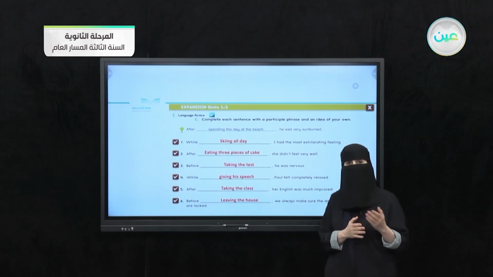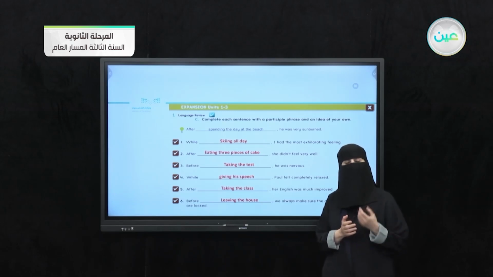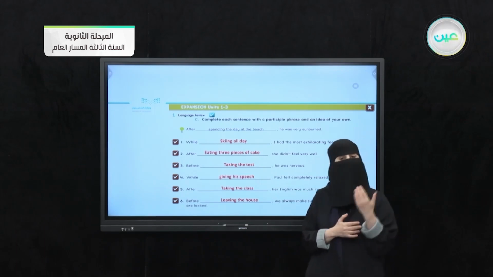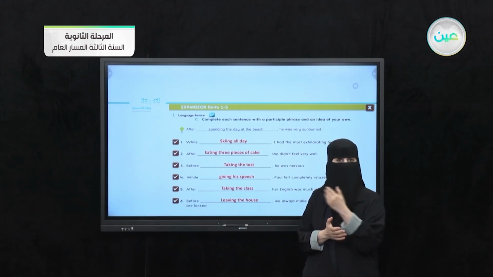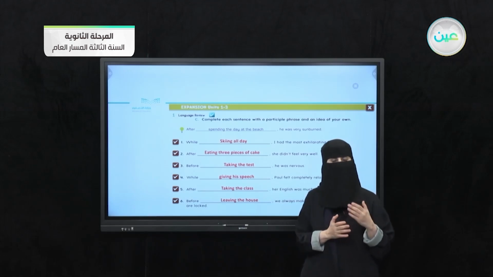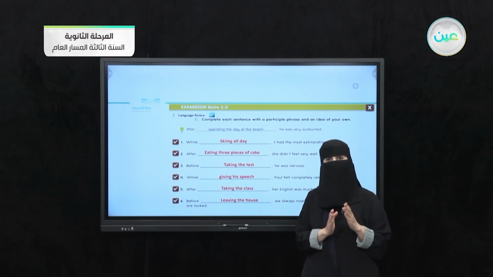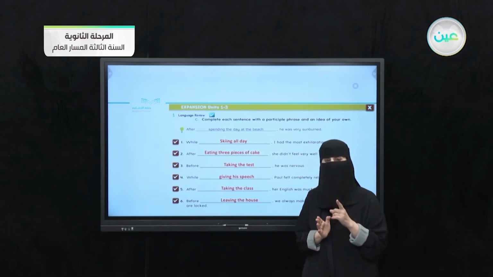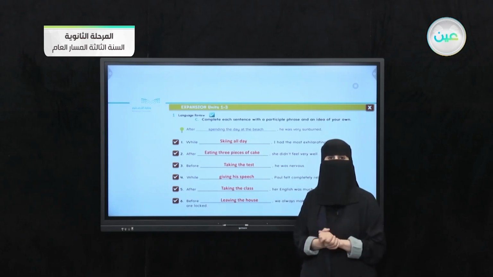I told you that it is used to give an opinion about a situation that happened in the past, and its structure is absolutely different from the previous one. The structure is subject plus modal plus have been plus past participle.